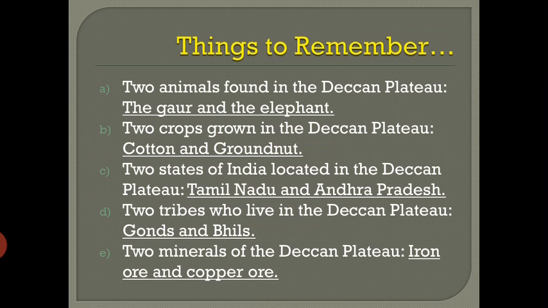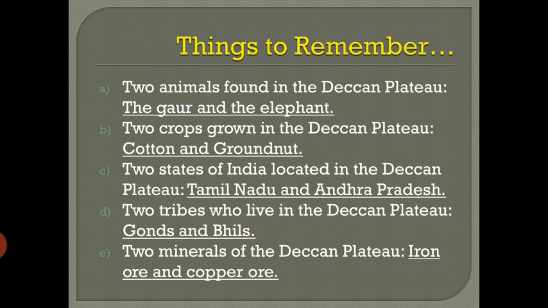Two states of India located in the Deccan Plateau: first is Tamil Nadu and second is Andhra Pradesh. Two tribes who live in the Deccan Plateau: first is Gonds and second is Bhils. And two minerals of the Deccan Plateau: iron ore and copper ore.